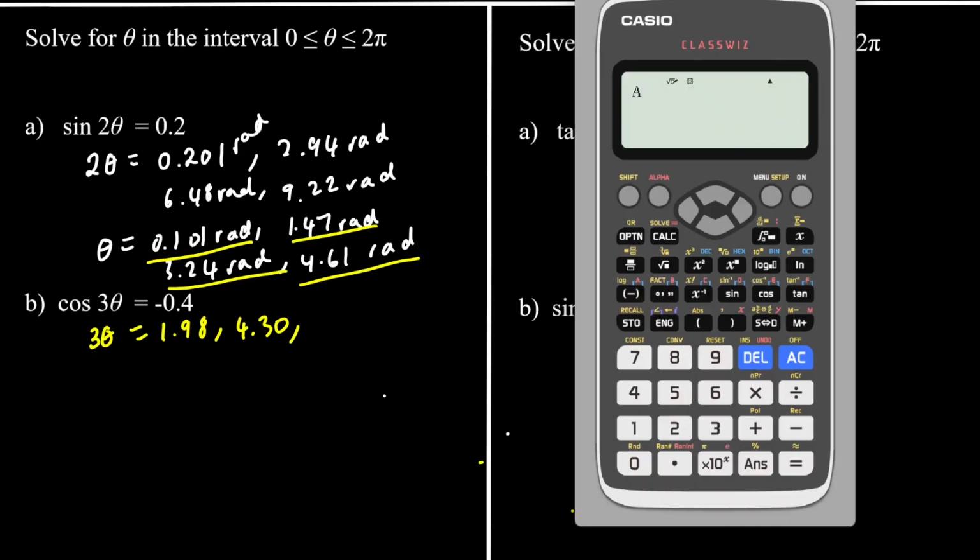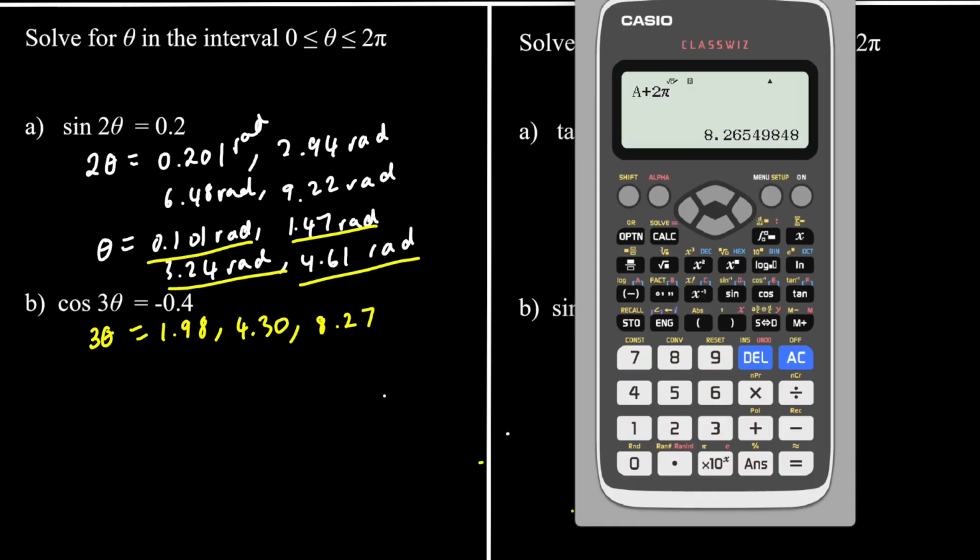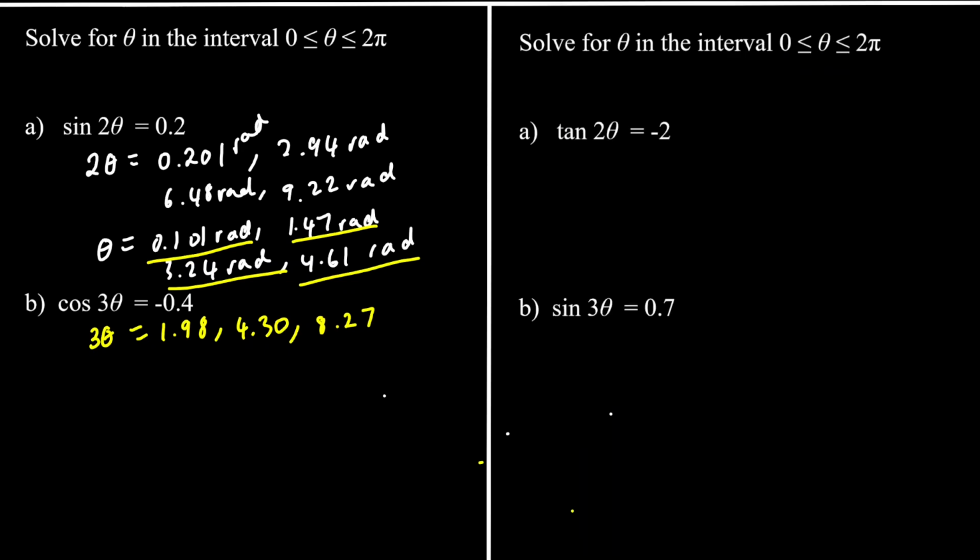To generate more, we keep adding 2 pi. So 8.27. Store that one as C. And add another 2 pi onto that one. 14.5.